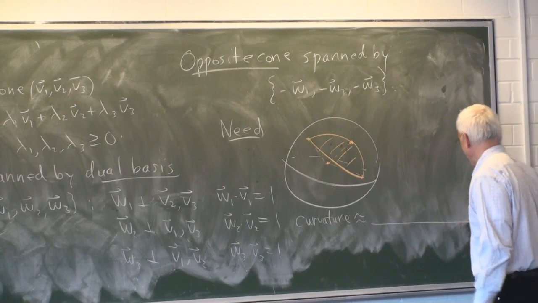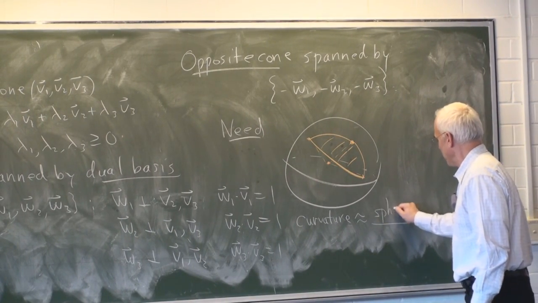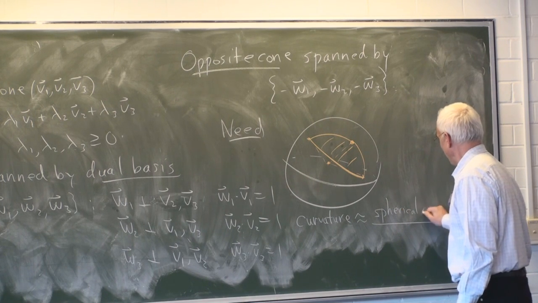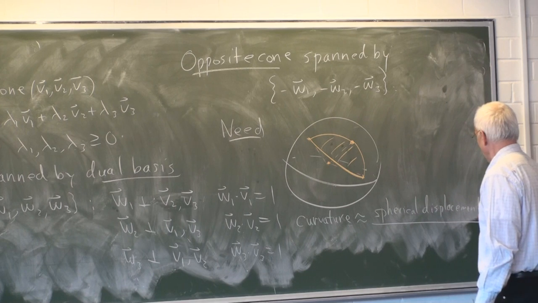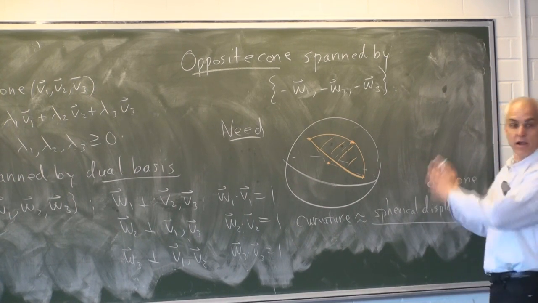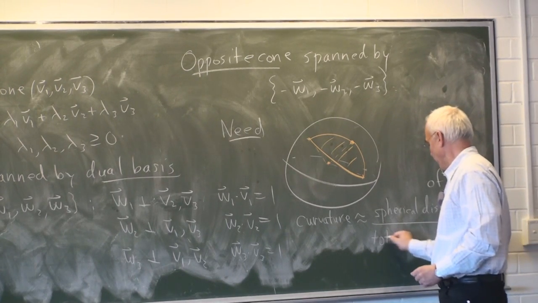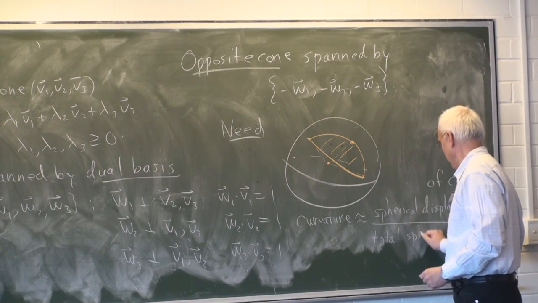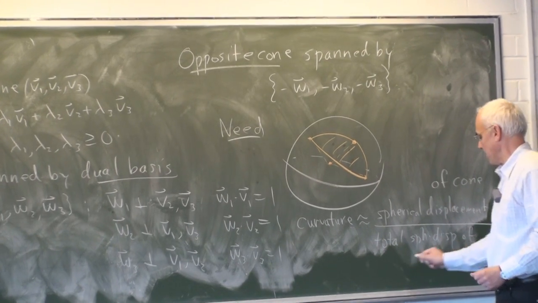Okay, so let me say it rather roughly. A spherical displacement of the cone that we're talking about divided by the total spherical displacement of the entire sphere.